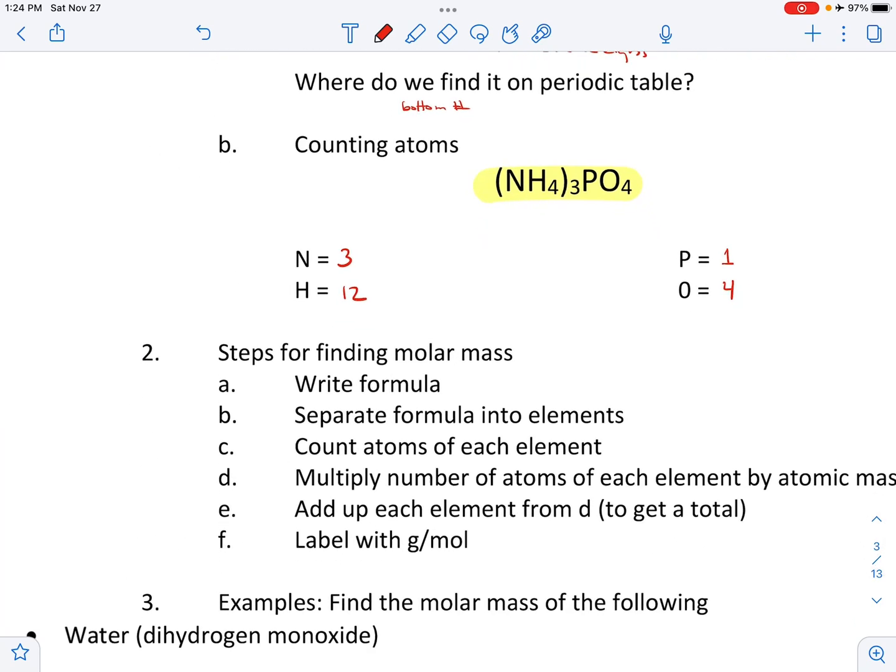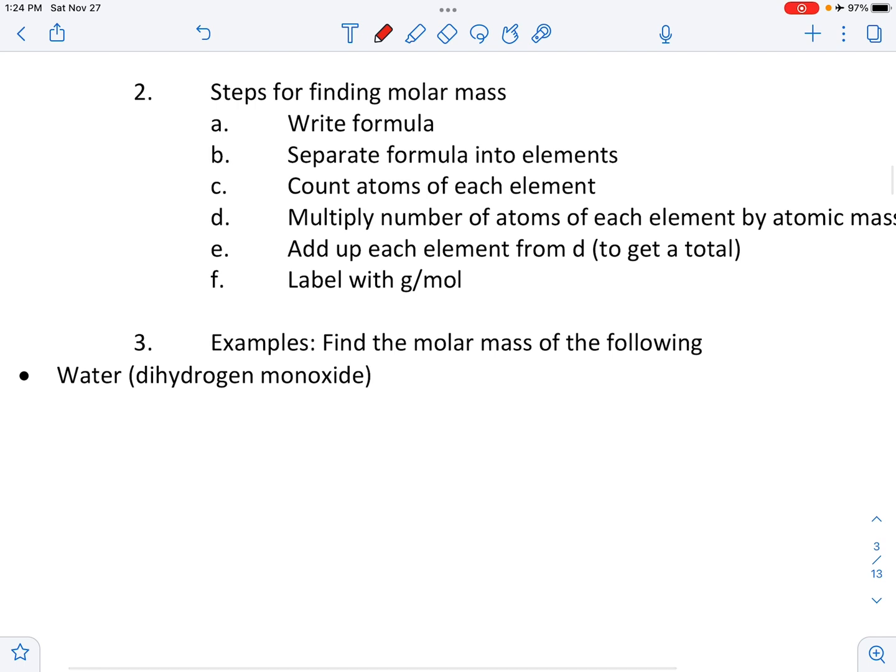So let's talk about finding our molar mass. It's very, very simple. Little addition, little multiplication. We're set to go. So here we go. Steps for finding molar mass. Our first step, and this is why this last unit was so important, we must write our formula. After we write our formula, we're going to separate our formula into elements, kind of like we did above.